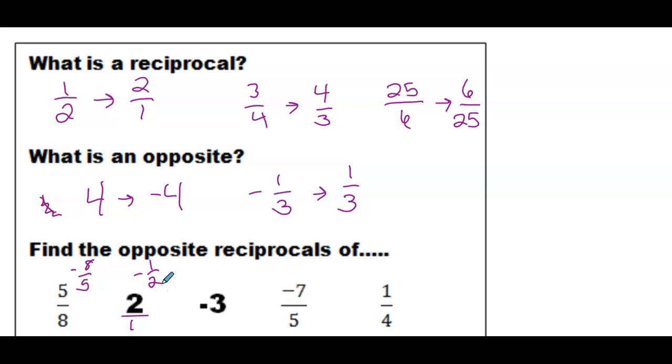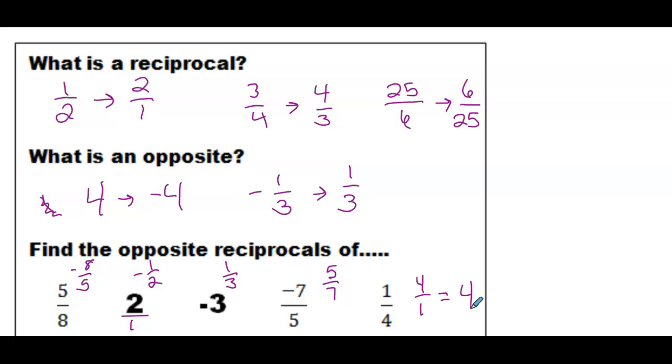For -3, it's going to become positive. The reciprocal is 1/3. So the opposite reciprocal is 1/3. -5/7 means my opposite reciprocal is going to be positive 5/7. For 1/4, the opposite reciprocal would be 4 over 1. And remember, that's just the same as 4.